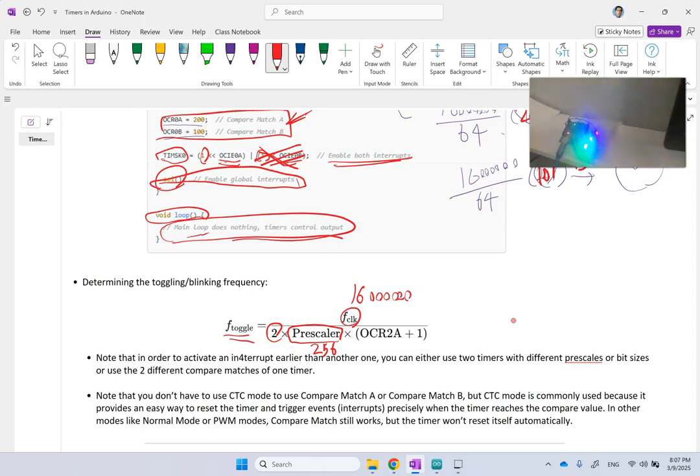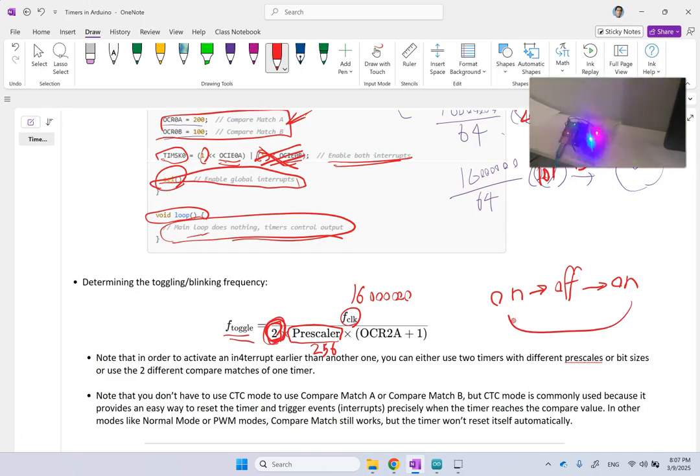Because one time you turn it on, one time you turn it back off. One time you go off, then you go on. So you need to do 2 togglings in order to go back to whatever it was. So first you go on, you do 1 toggle, you go off, you do another toggle, you go on. So you see it takes 2 ticks or 2 clocks to have 1 period. That's why you have to divide by 2.